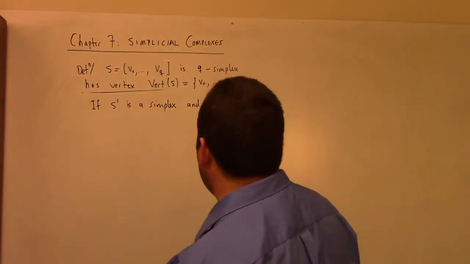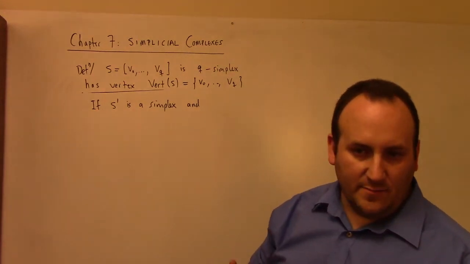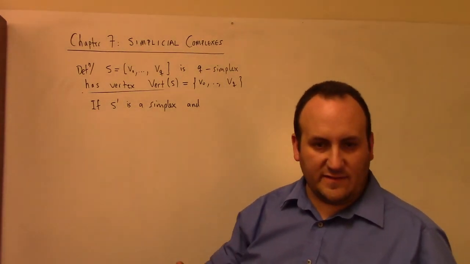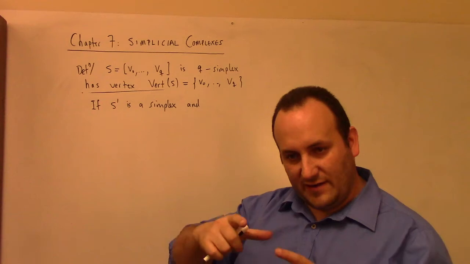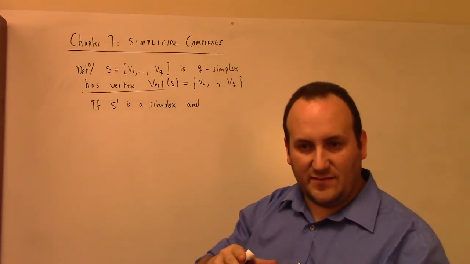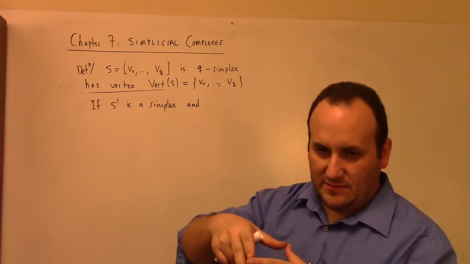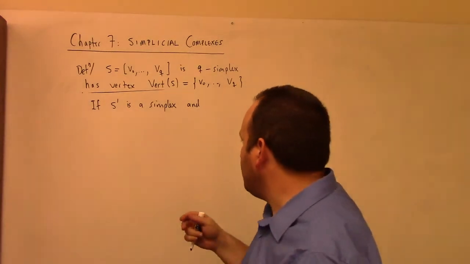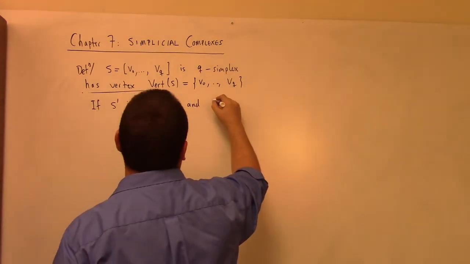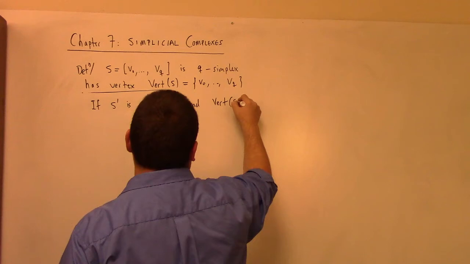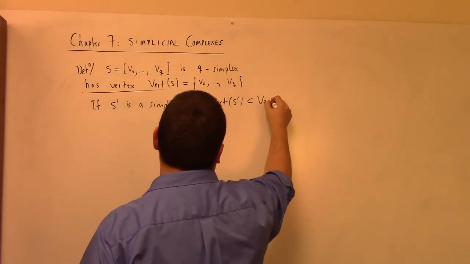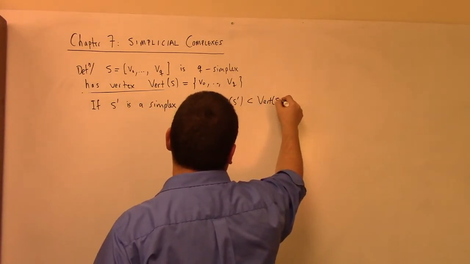I was thinking I also needed S prime to be a subset of S, but that's not necessary. To say simplex means it's like a convex hull, right? So in some sense S prime is already a subset, if you think about it. The vertex set of S prime is a subset of the vertex set of S.